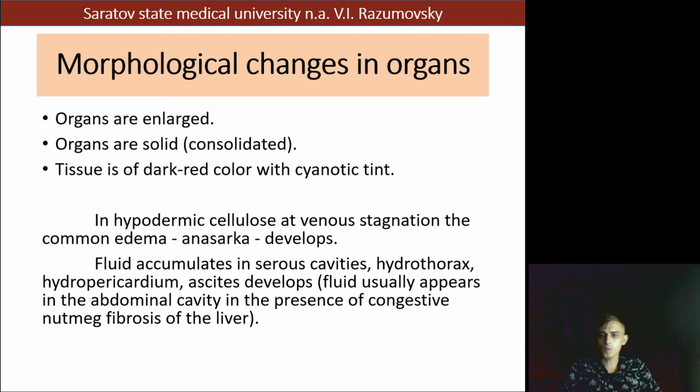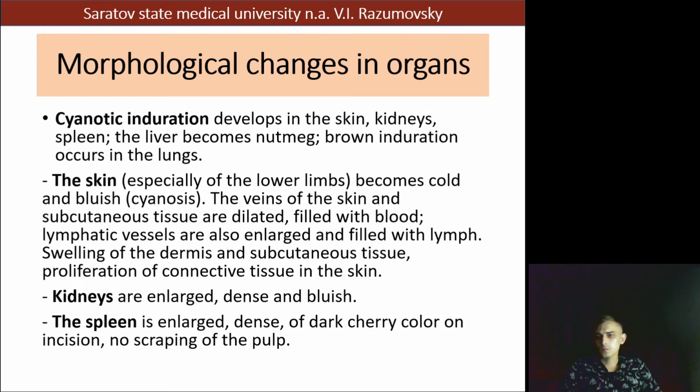Cyanotic induration develops in skin, kidneys, and spleen. In two organs, chronic venous hyperemia leads to formation of special morphological picture. In liver, we can find nutmeg liver. In lungs, we may find brown induration of lungs.